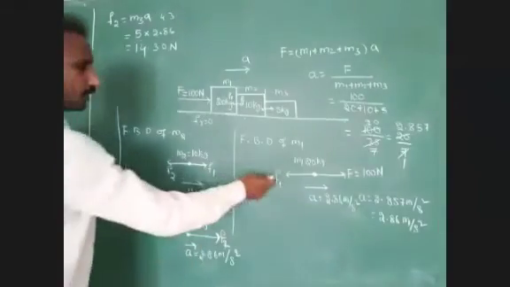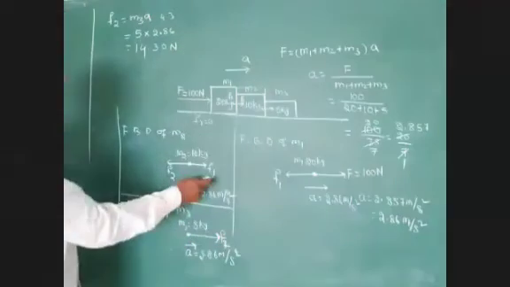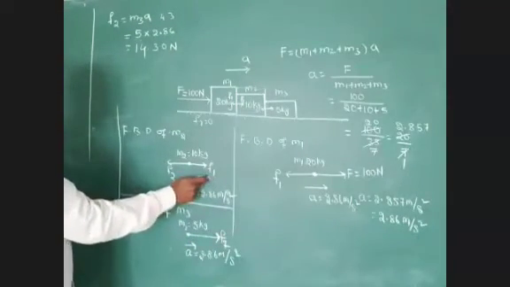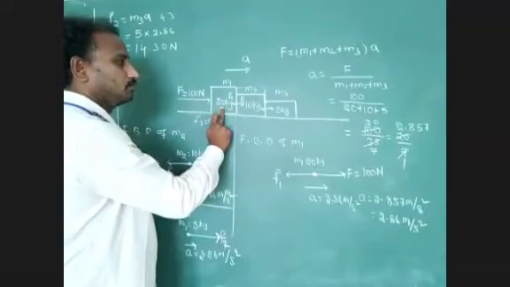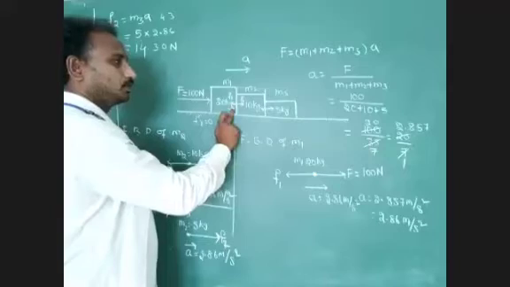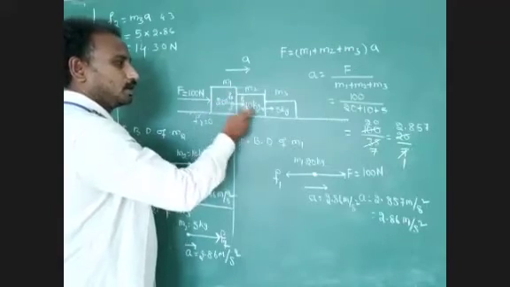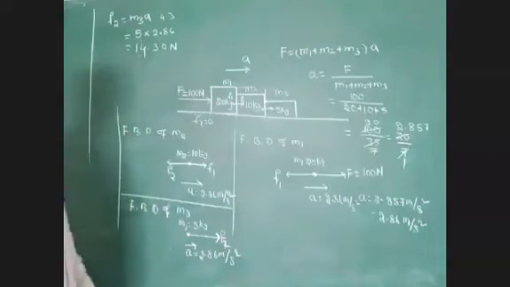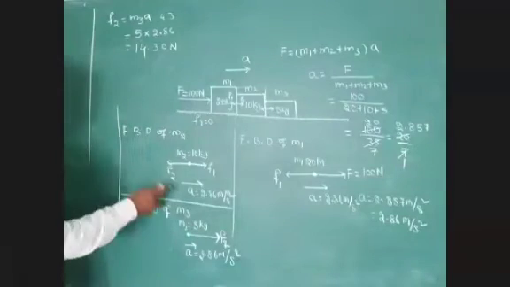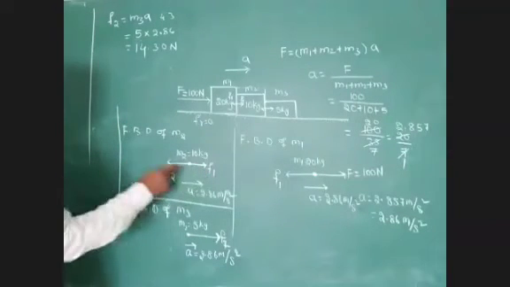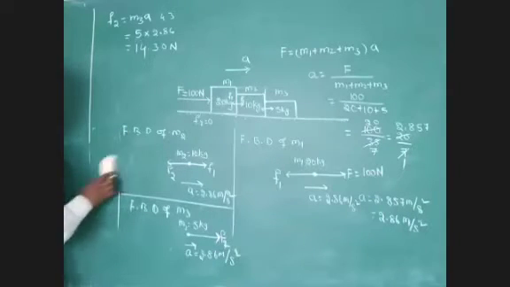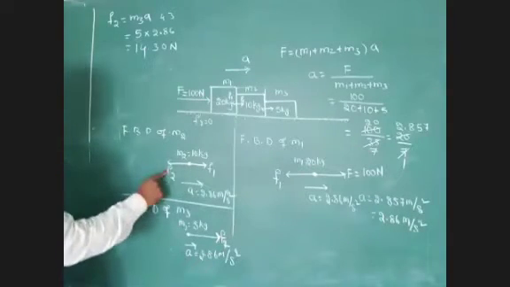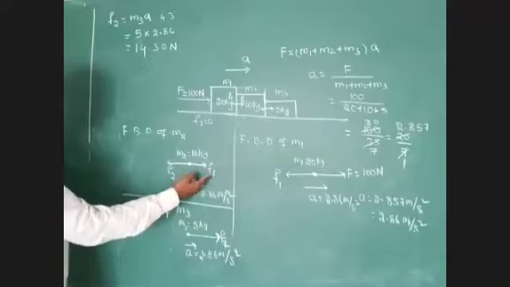Find out the F1 value. F1 is the force provided by M2 on M1, and the same amount of force is provided by M1 on M2. Find out that contact force. Here consider the condition F2 minus F1, or F1 minus F2.